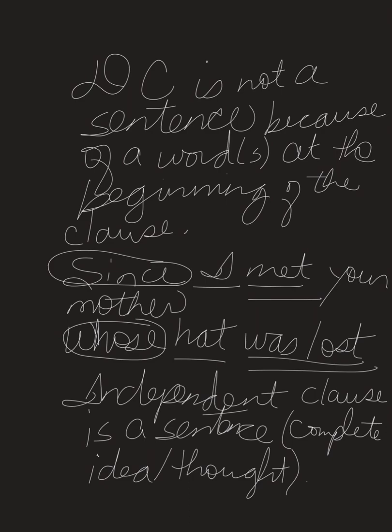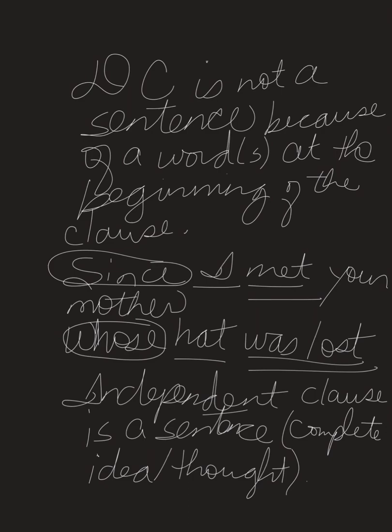We're assuming that this is the second part of a complex sentence, and we'll talk more about what a complex sentence is in another day or two, okay? But we're assuming that you have an independent clause or a complete idea before this dependent clause, and whose hat was lost describes someone in that first part that we don't see here, okay?